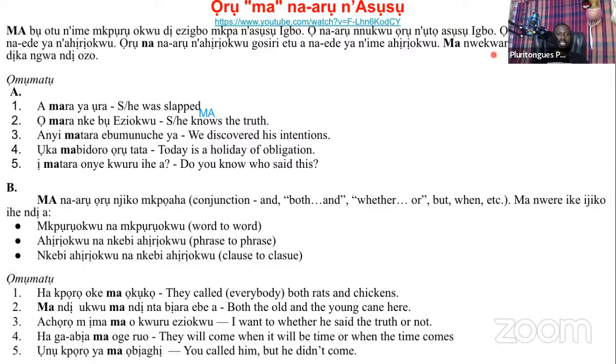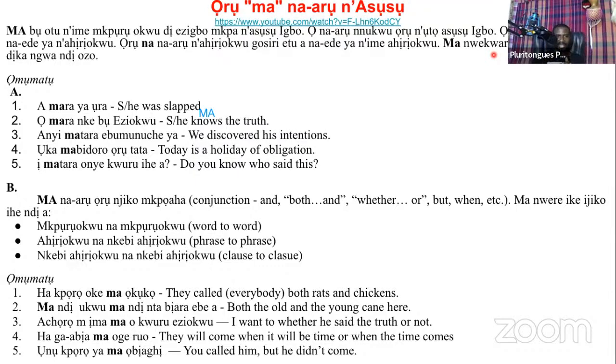Ma nwere ike ijikọ ihe ndị a. So it can actually bring these things together. It can serve as a bridge between this word and this word. Mkpụrụ okwu na mkpụrụ okwu. So it can bring two words together, standing in between.